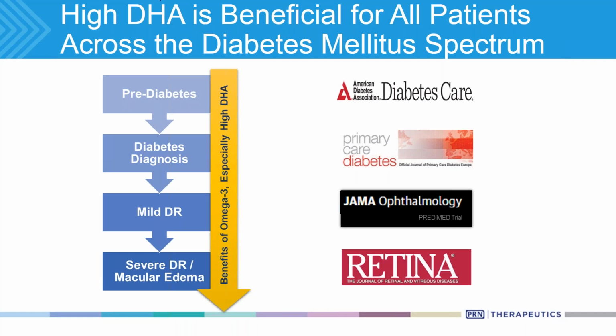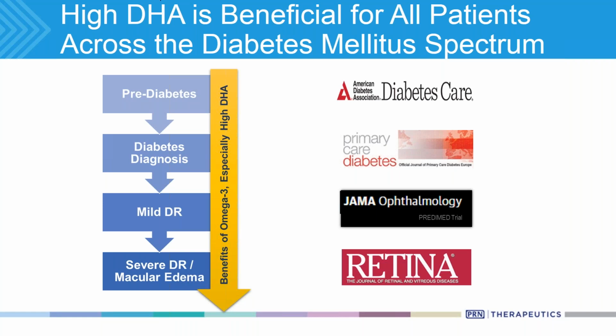And that evidence is DHA, omega-3, based on these studies, wherever they are in the progression or evolution of this disease. Giving them DHA with a small amount of EPA will help either reduce the onset, or if they have some of it already, slow the progression of this disease.